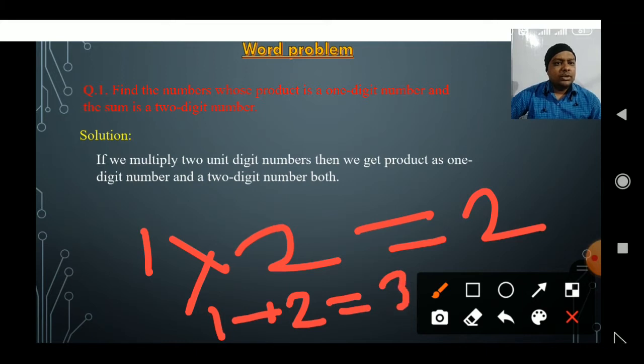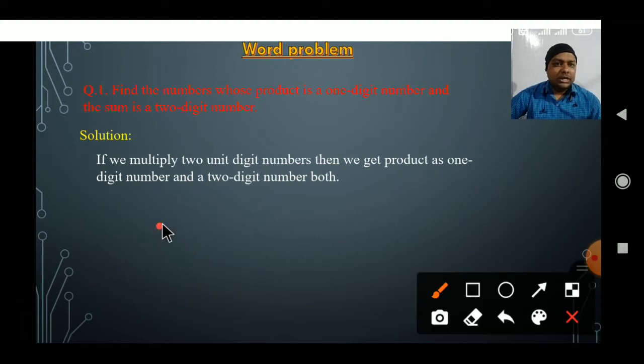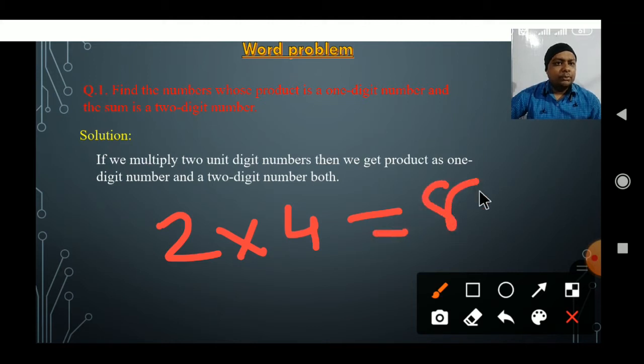So to get a two digit sum, it will be possible if you add 1 plus 9, because the product should be a unit digit number. If you take the first digit as 2 and any other digit, 2 threes are 6, 2 fours are 8, and 2 plus 4 is 6.